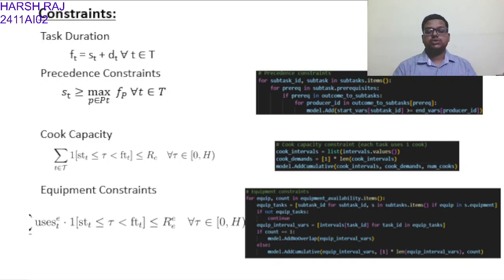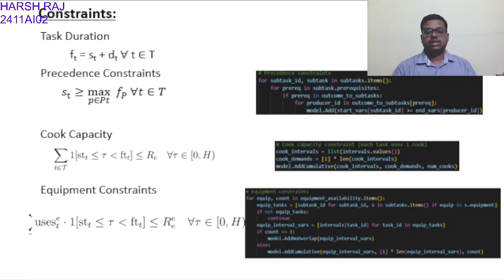Now, due to model.newIntervalVar earlier, the first constraint has already been added. For the precedence constraint, we make the start time of any task equal to or more than the end time of any of its condition tasks.